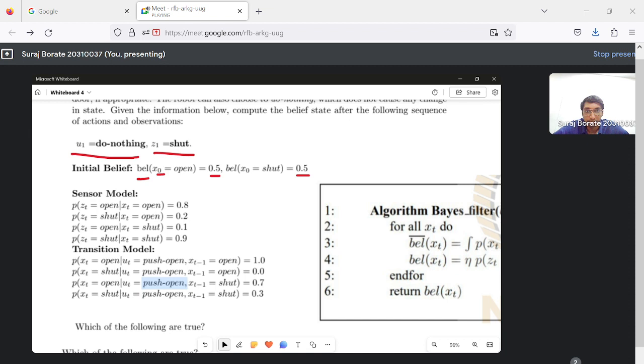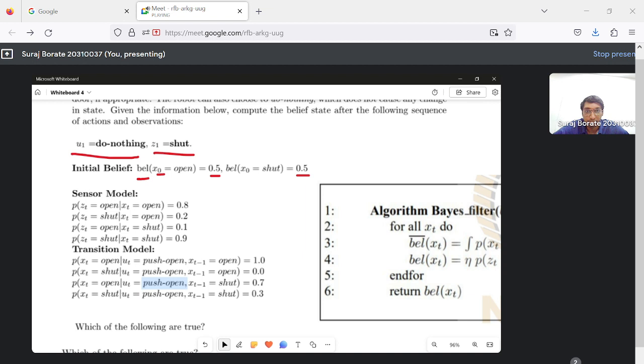Similarly, probability of x1 equal to open when ut is nothing and the door was shut: the door will remain shut, so the probability that the door will be open should be 0. And belief that x0 is equal to open was given as 0.5.